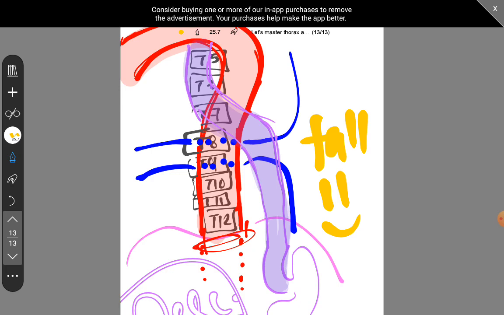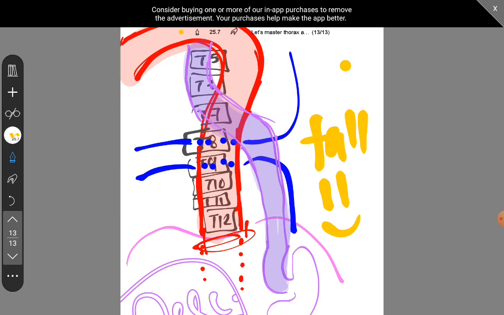So again, the descending thoracic aorta begins at the disc between T4 and 5, and that's the sternal angle. It descends to the left of T5, 6, and 7, and then in front of T8 till T12. It leaves the thorax by the aortic opening of the diaphragm to become the abdominal aorta, and the thoracic aorta is about 8 inches long.